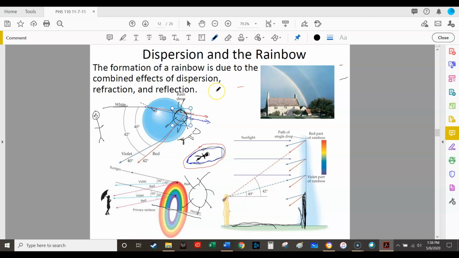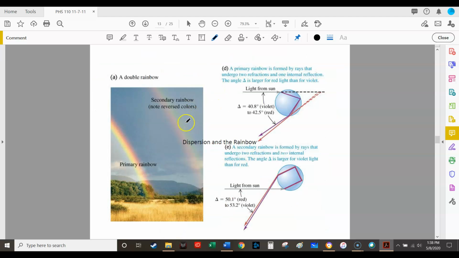So how is that possible? Well, with this secondary rainbow, the colors are reversed. With the primary rainbow, you've got light coming in, it refracts in and disperses into its different colors. It reflects off the back of the raindrop and then refracts back out.